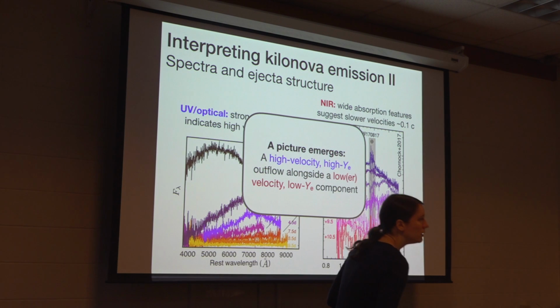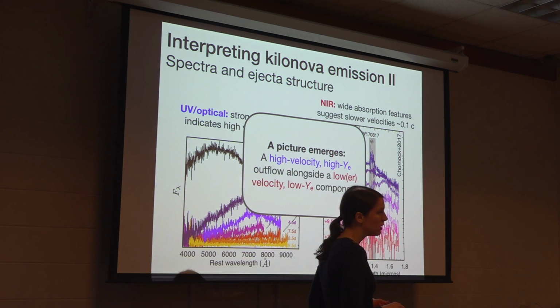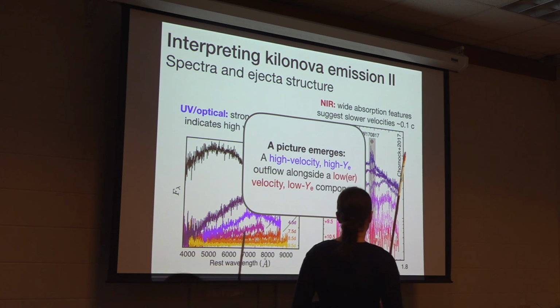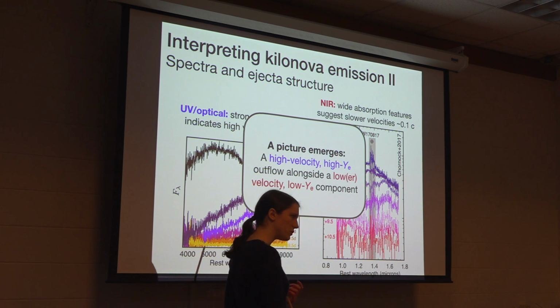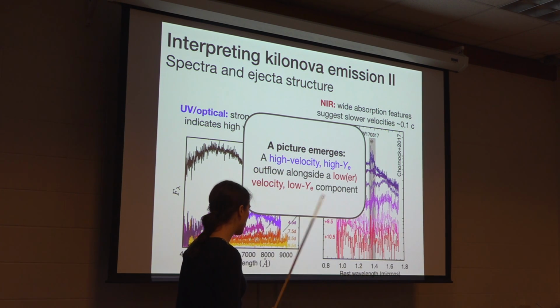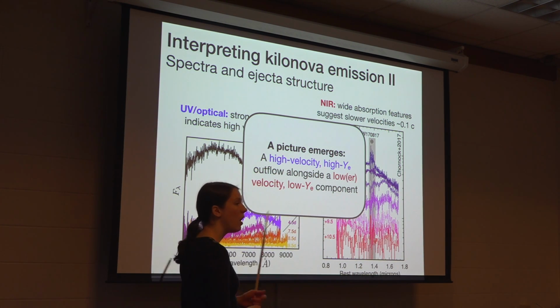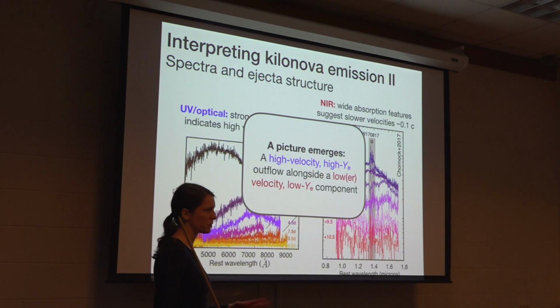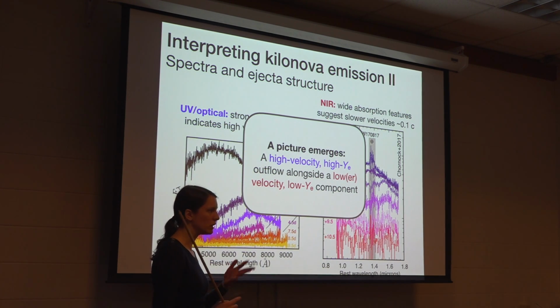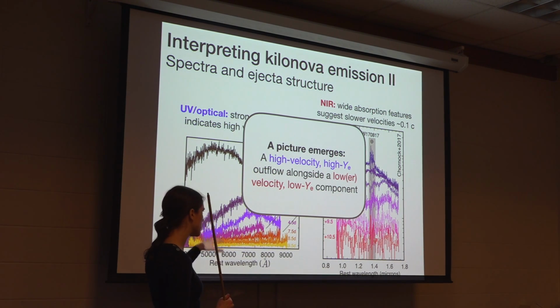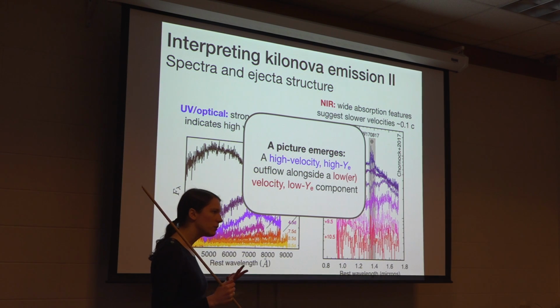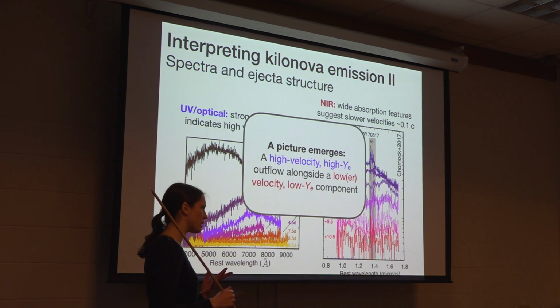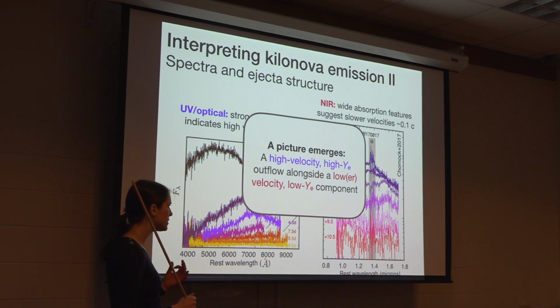Can you say anything about whether it's spherical or not? Are you assuming spherical expansion? Right, yeah, all of the radiation transport models that we're comparing things to are spherical. There was a jet. Yes, we know that there was a jet, although that is responsible for X-ray, radio, and gamma ray emissions. So that's a little bit distinct from the slower outflows that provide the luminosity from the radioactive transient.